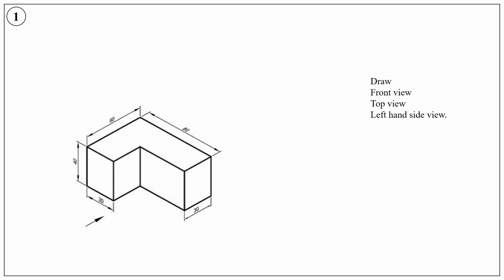We know front view is drawn on the vertical plane of projection, and we follow first angle projection. Hence, the vertical plane of projection, abbreviated as VP, is behind the object.